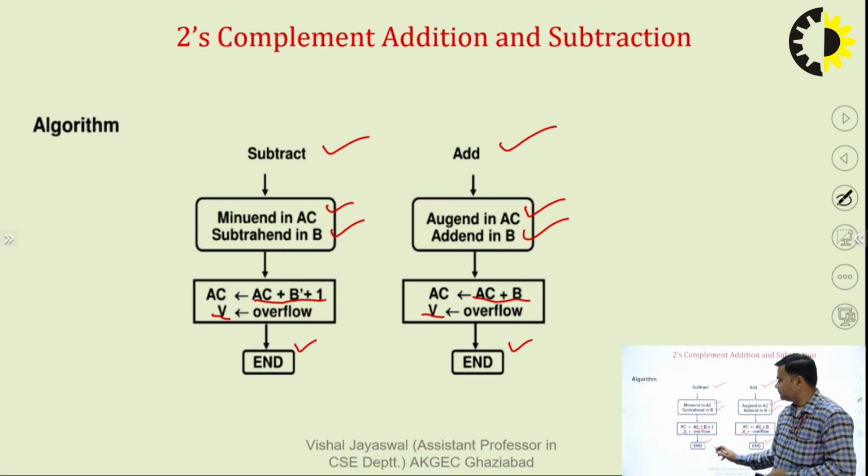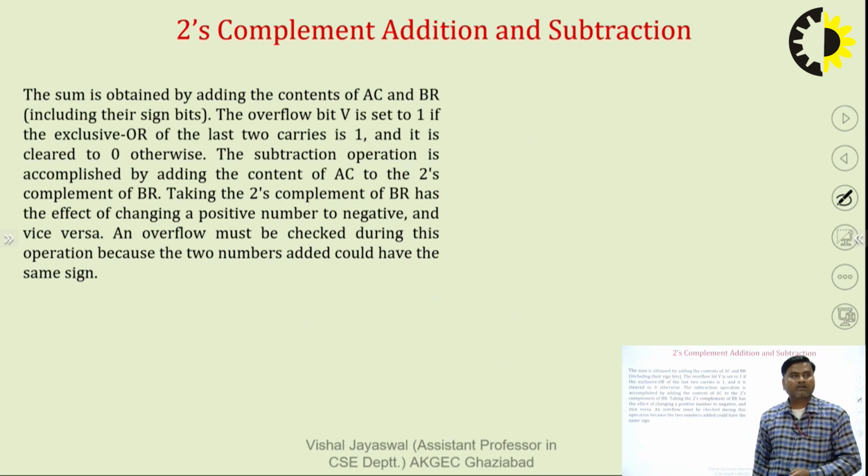Then end. The sum is obtained by adding the content of AC and BR, including their sign bits. The overflow bit V is set to 1 if the exclusive OR of the last two carries is 1, and it is cleared to 0 otherwise.